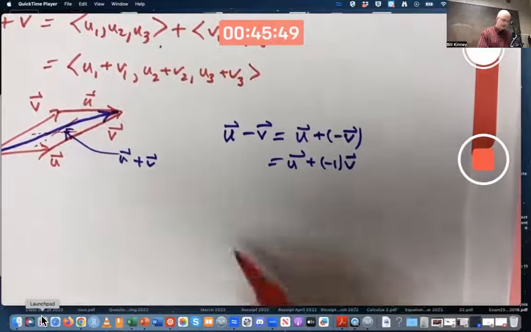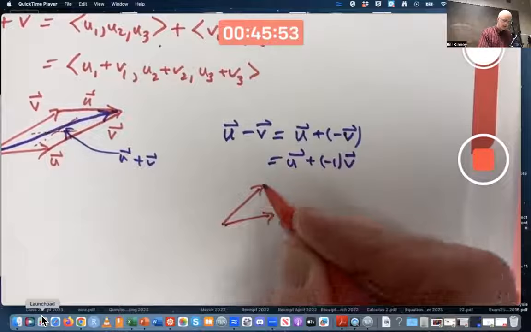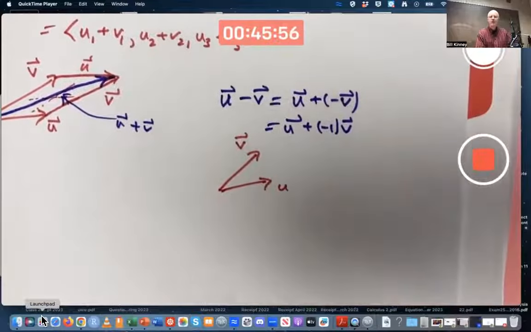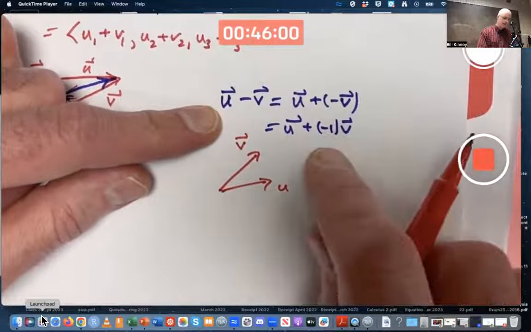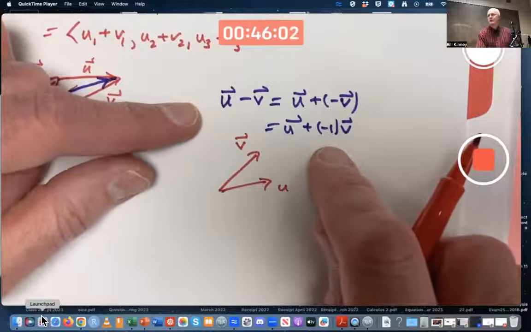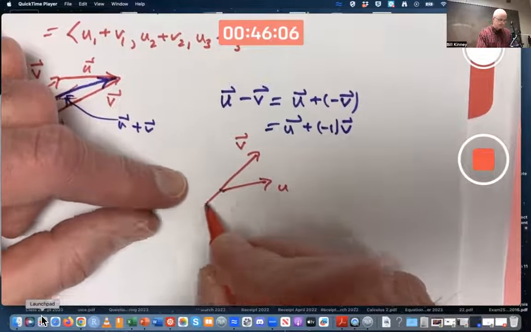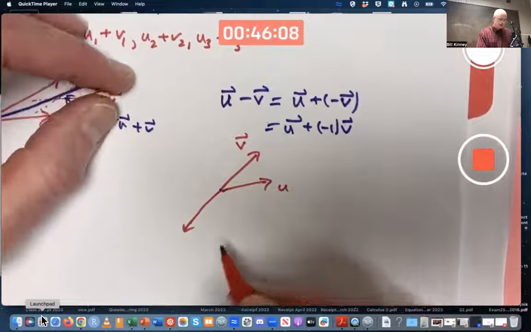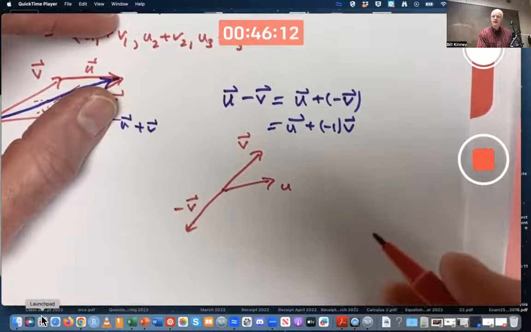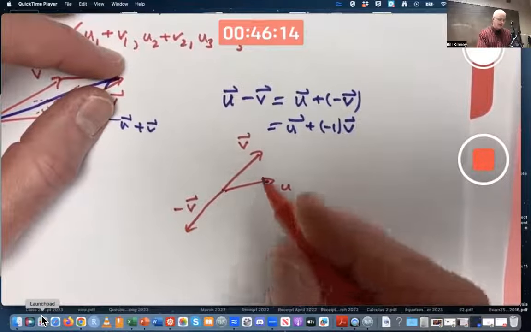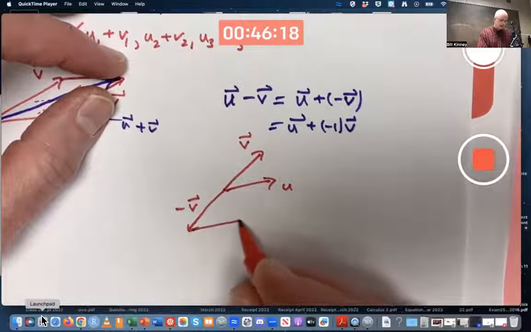So if u is here and v is here, before I do u minus v, by interpreting it as u plus -1 times v, I'd want to multiply v by -1. So in other words, -1 times v, or negative v, would look about like this. And then I would want to add these two vectors, u and -v, by drawing a parallelogram.